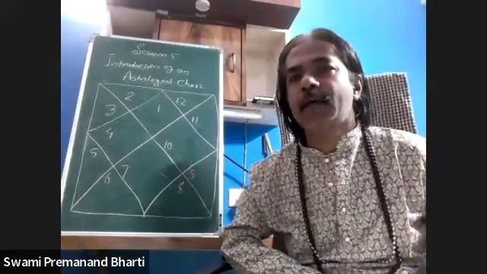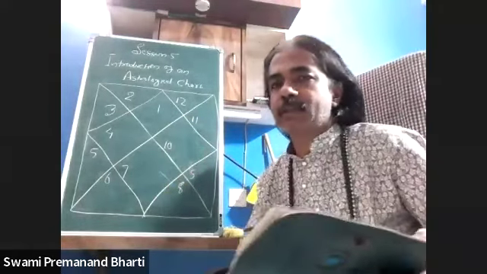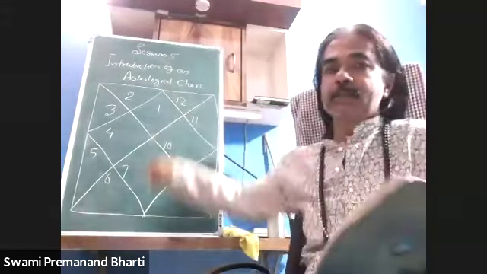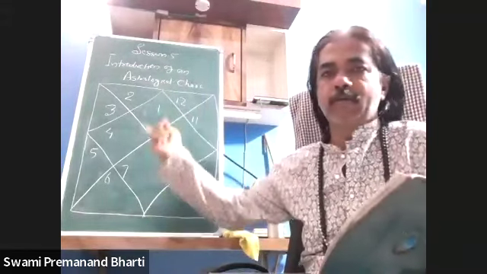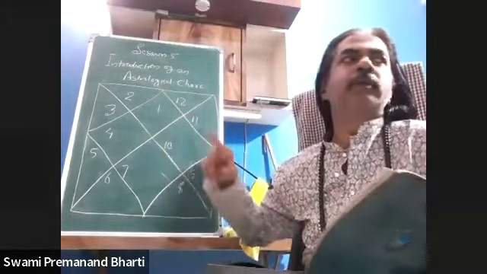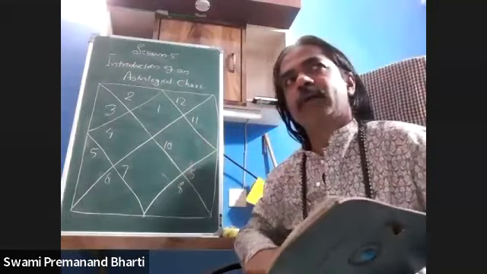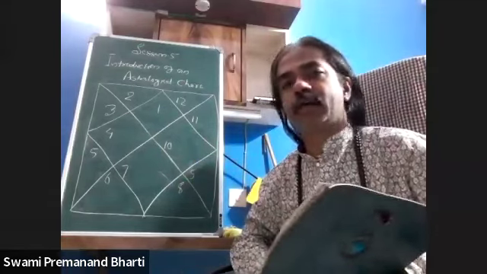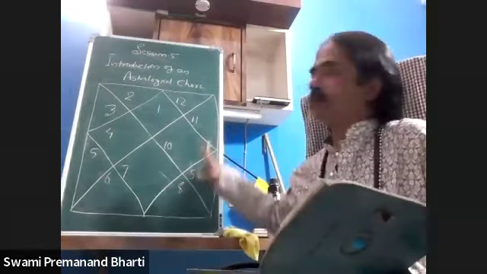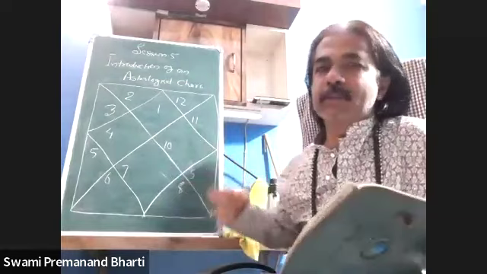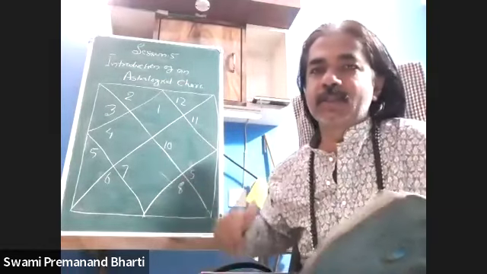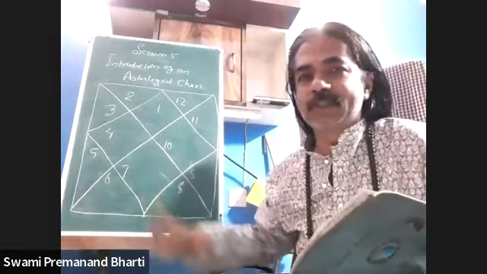There is also the round shaped chart of tropical astrology. It depends on you, whichever way you feel comfortable, you can understand through that way. I feel comfortable this way because this is how I started learning. So this is in my roots.